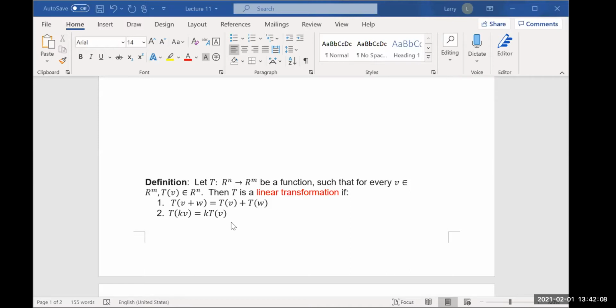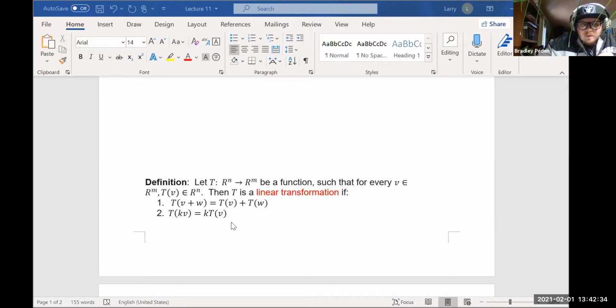And where have you seen these properties in calculus? I know it's been a year, or actually just one quarter. You had calculus last quarter. Integrals. Yeah, integrals.